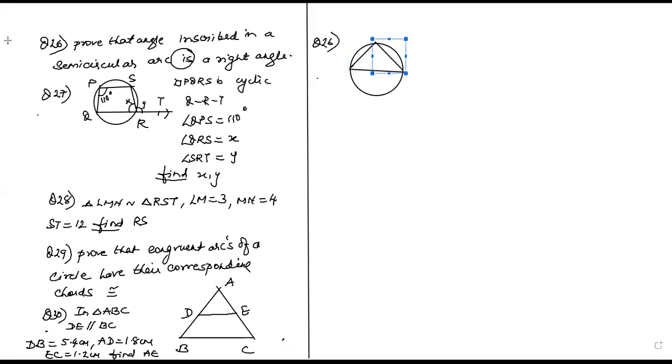I can see this angle ABC. You can see here, children, this angle ABC is contained in a semicircular arc, inscribed in a semicircular arc.